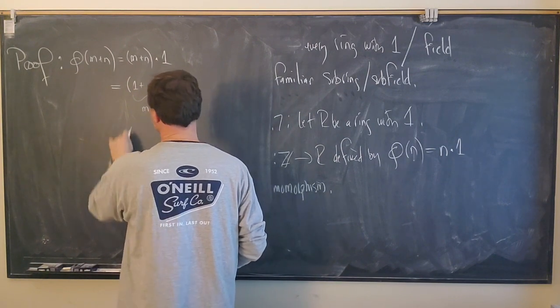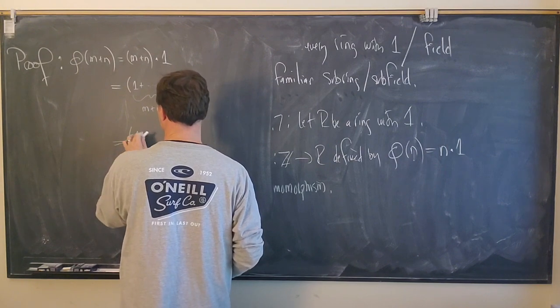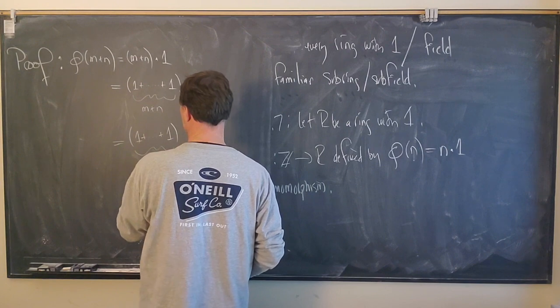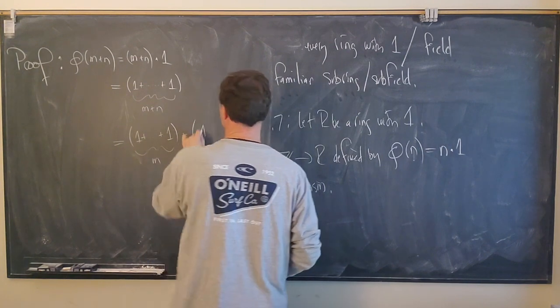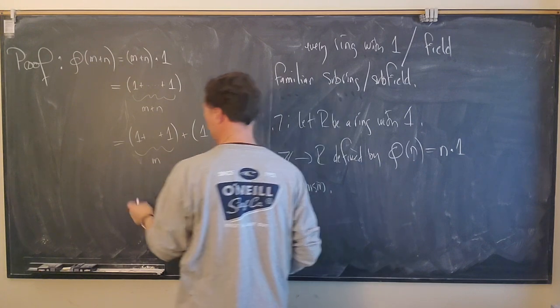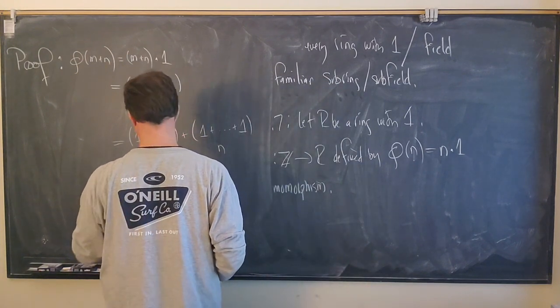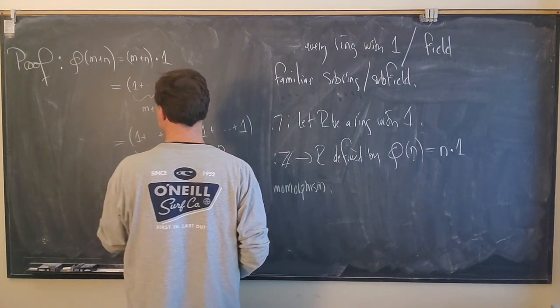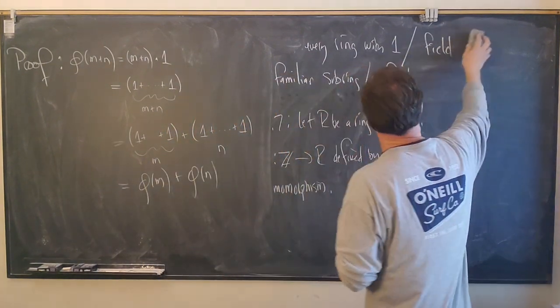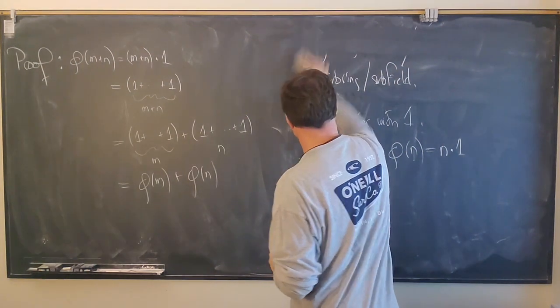Well, just break it into two groups, a group of m of them and a group of n of them, right? And then that's going to be phi of m plus phi of n. Right, so it respects the additive property.